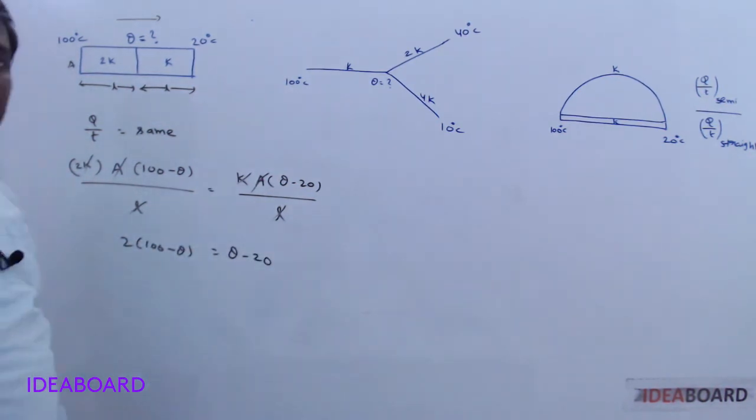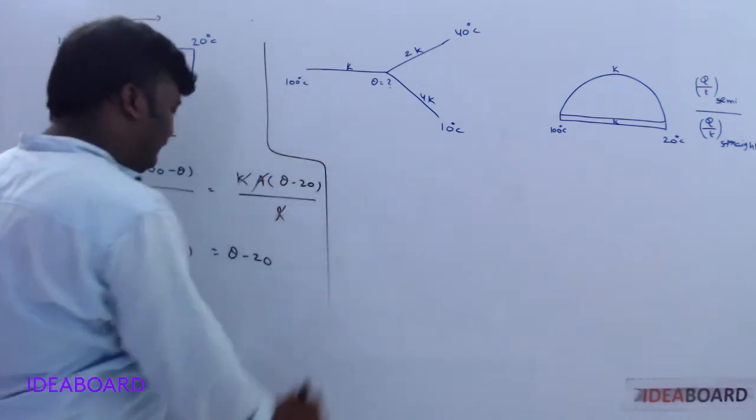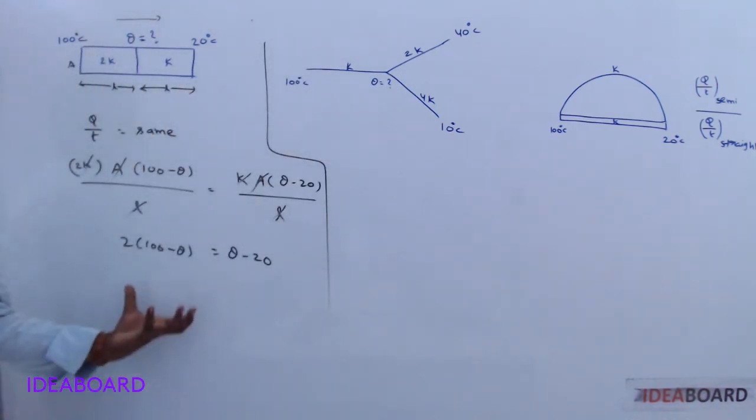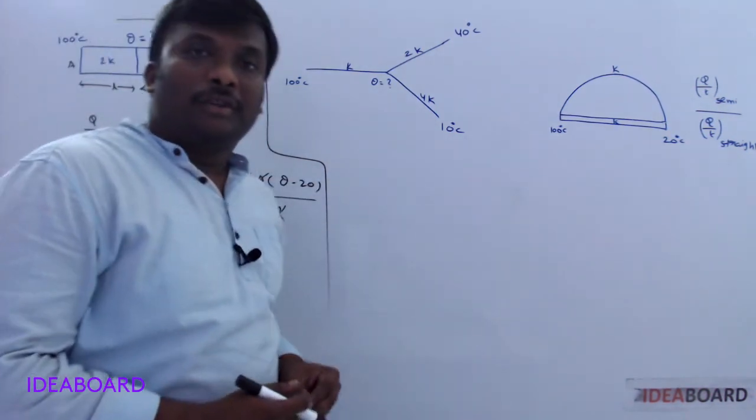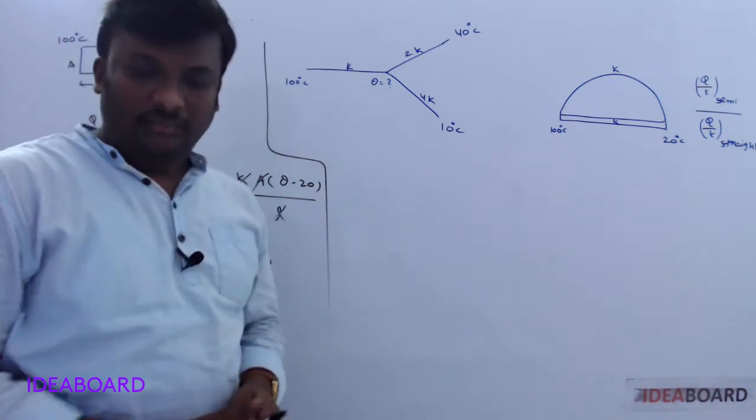By using this, you can find the answer for theta. So this is the way of doing a numerical for junction temperature.